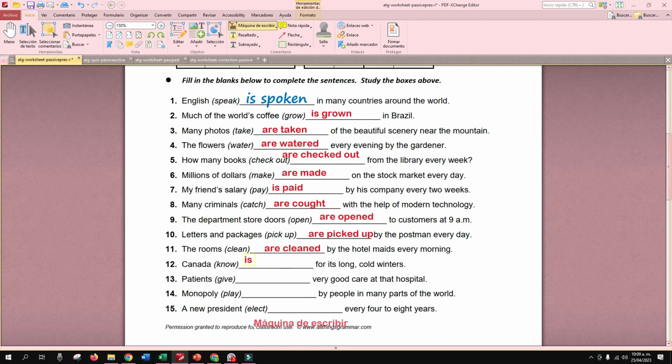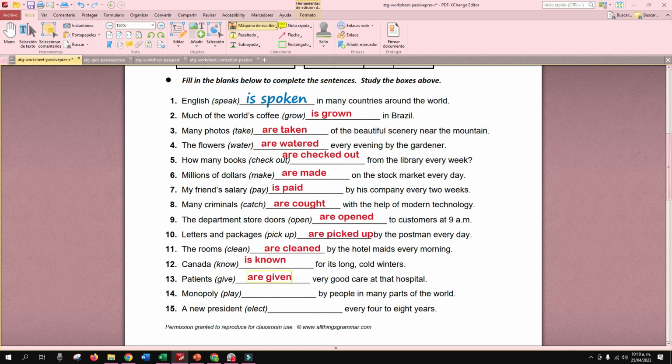Is known. Is known. Excellent, for its long cold winters, right? What about number 13? Patients, very good care at that hospital, right? Are given. Excellent. Very good care at the hospital.